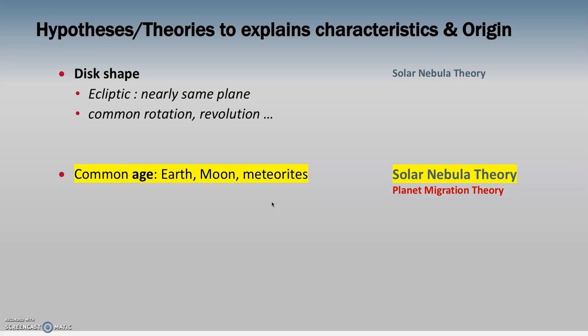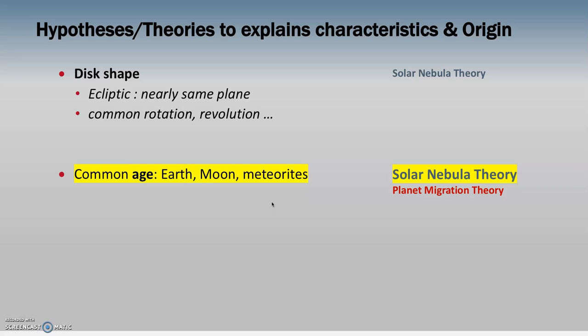When we look at our solar nebula theory, that is making that disk shape, it comes into play not only for our ecliptic in the solar system, but also our common counterclockwise rotation and our common counterclockwise revolution around the sun, with the exception of Venus.